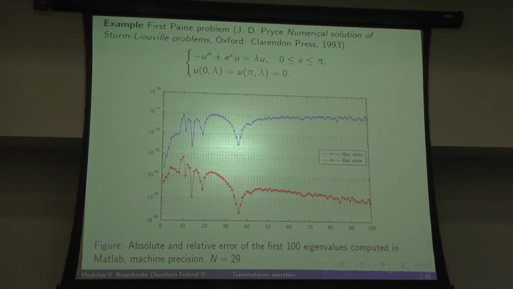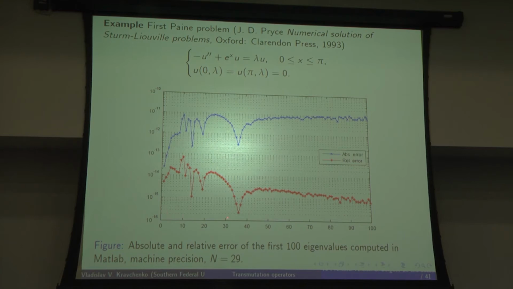So this graph, the blue one, is the absolute error of the first 100 eigenvalues. You can see that it's at the level of 10 to minus 11. Just 30 terms in the representation, in fact, because I started with 0.